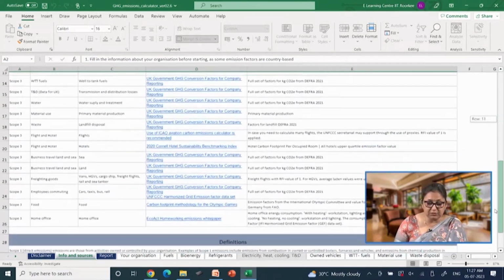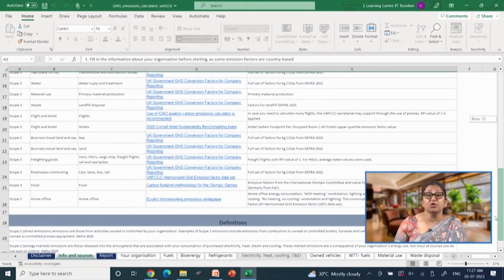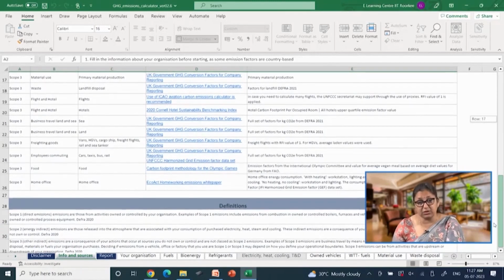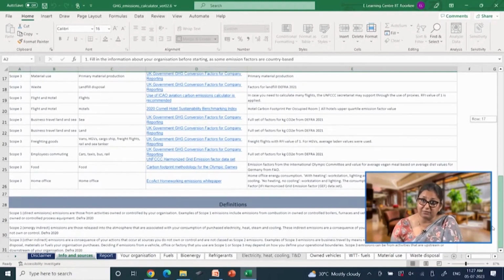If we go to each of these reports, we will also see the methodology that has been adopted to arrive at a particular emission factor, which can help a business in understanding whether this emission factor is relevant for my business or not.